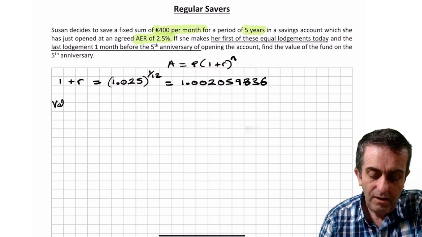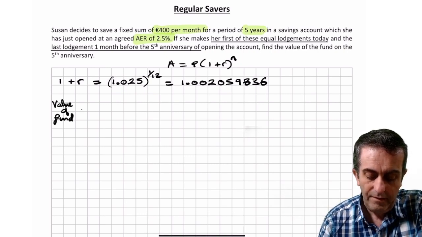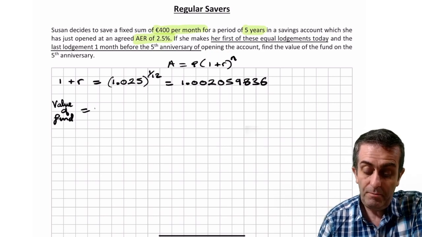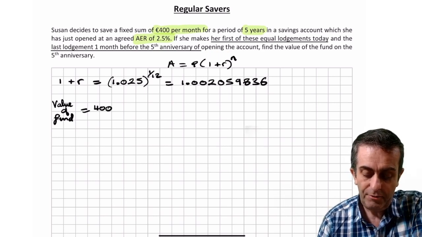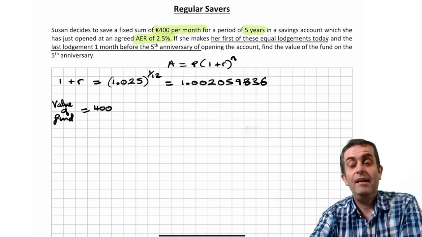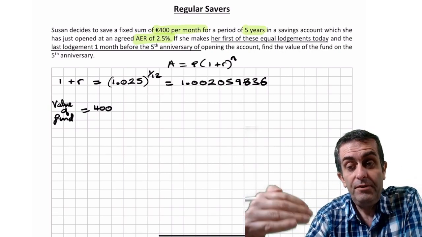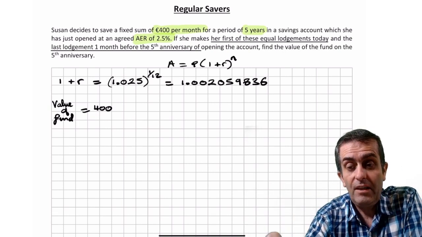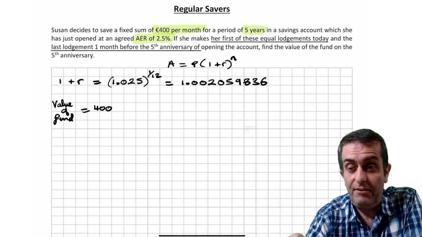The value of the fund equals, now her first lodgement she makes today, and that is a lodgement of €400. She's going to do this for a period of 5 years. So this first payment is going to be sitting in the bank for the full 5 years.